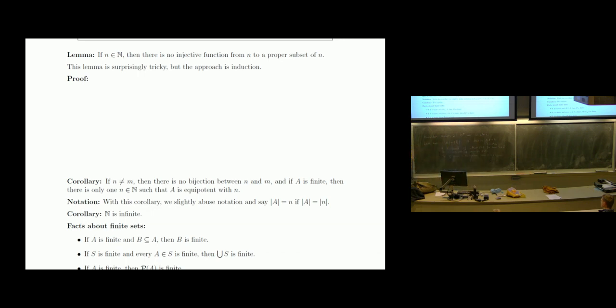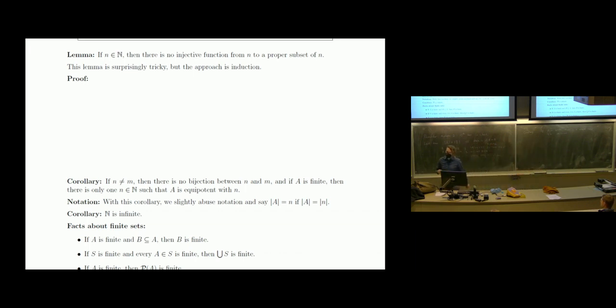Okay, so this little lemma here has a key corollary that we can start off with today. Corollary: if A is finite, there is a unique n in omega such that the cardinality of A is the cardinality of n.